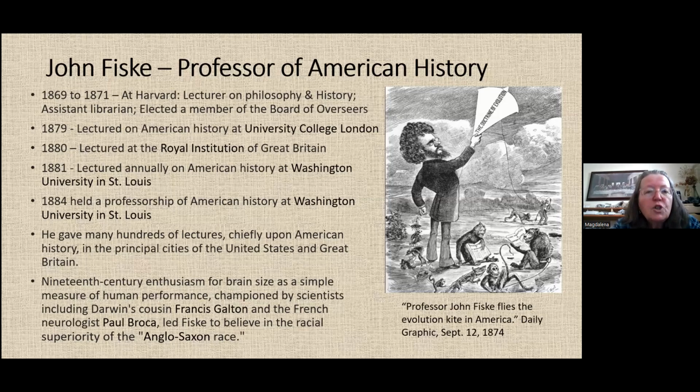So he was teaching this, okay, at all these different universities, and he was writing about it. He was well known. So this is a graphic, okay? Professor John Fiske flies the evolution kite in America.